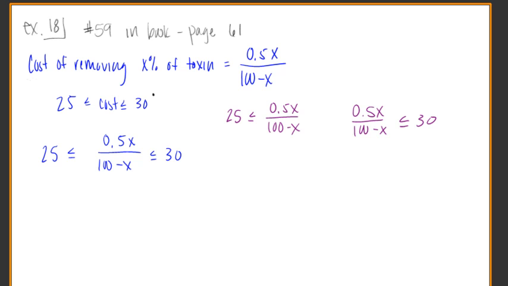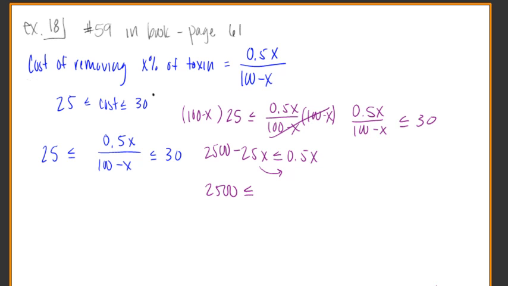Okay, like always, we want to get rid of fractions. The way to get rid of a fraction is to multiply both sides by whatever is in that denominator. That's going to wipe that out. 25 times 100 just means add 2 zeros to 25. So 2500 minus 25x needs to be less than or equal to 0.5x. So let's move the x's onto the same side.